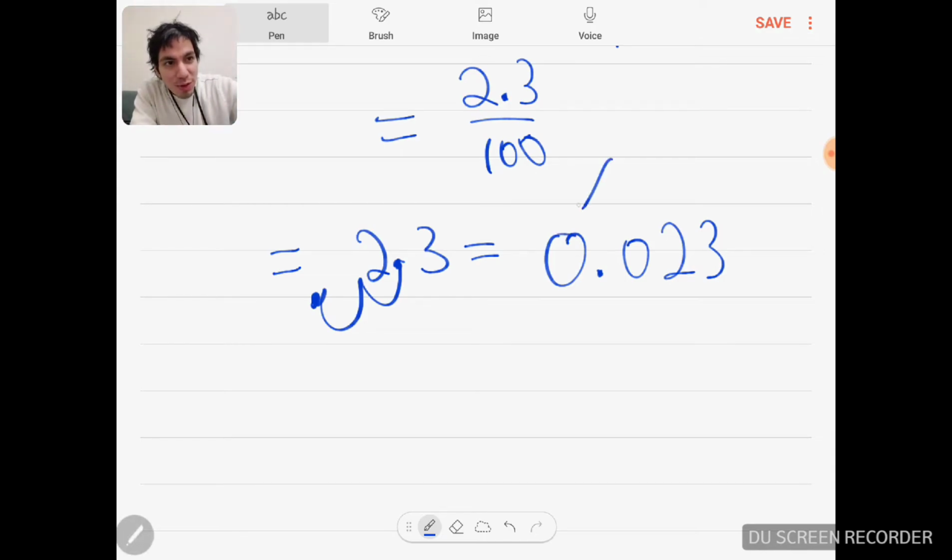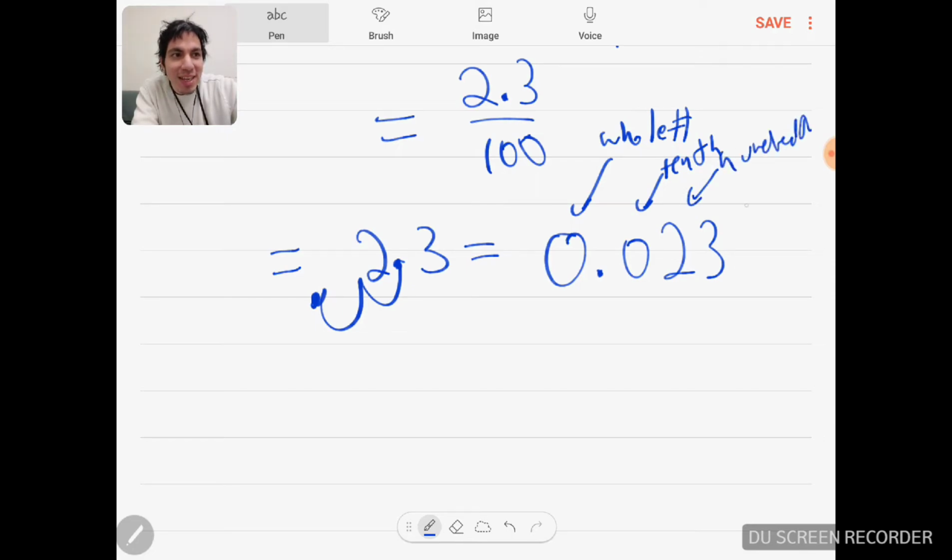For example, we know this is a whole number. Then we know this is tens. You see where I'm going with this. Hundreds. And then finally, thousands.